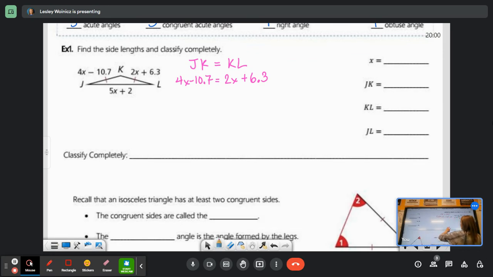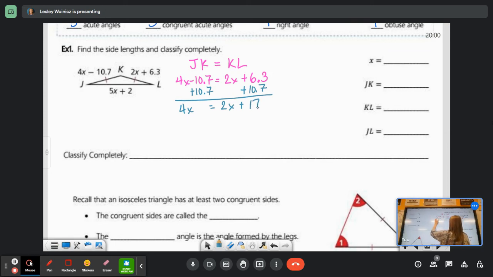All right, so we have to add 10.7 to both sides. Oh, the decimals are going to go away. This is nice. So I've still got 4x equals 2x plus, a 0.3 and a 0.7 make a whole, so I've actually got 17 because I've got 6 and 10 and then the whole from the decimals.